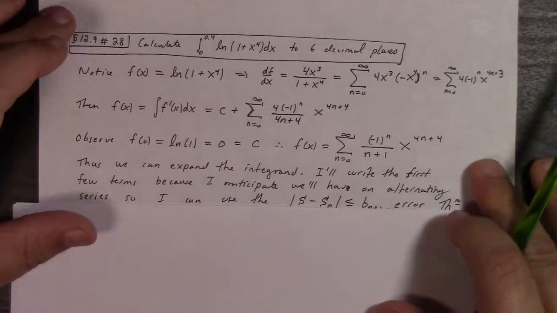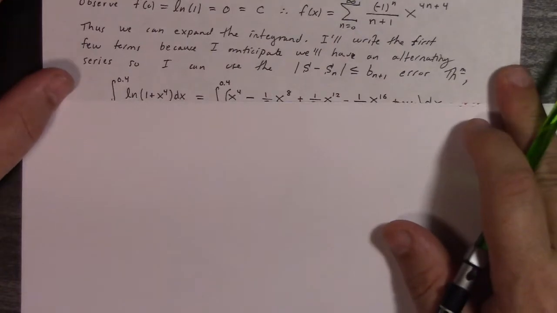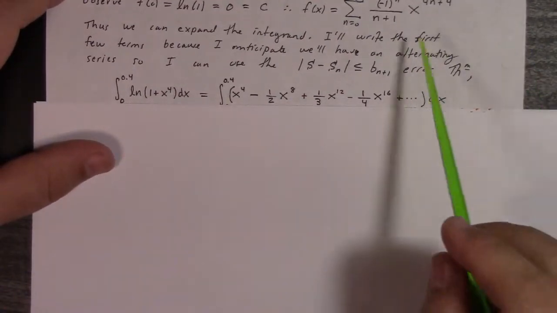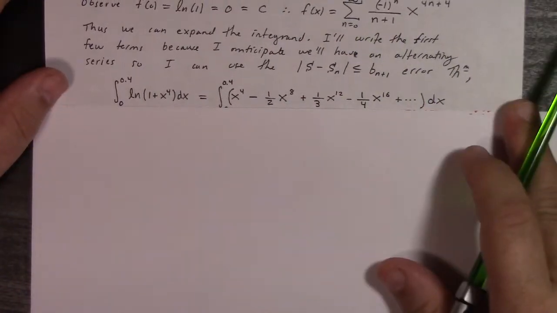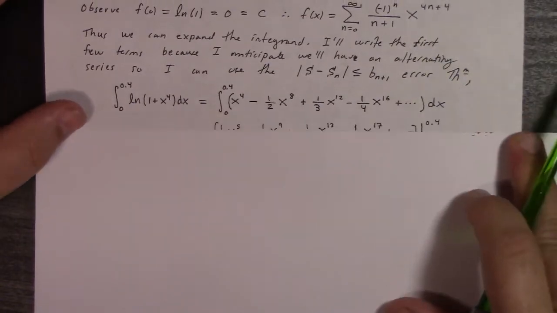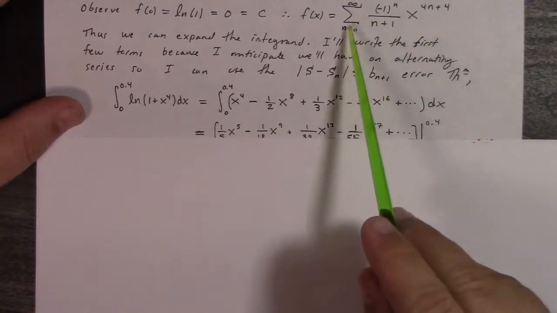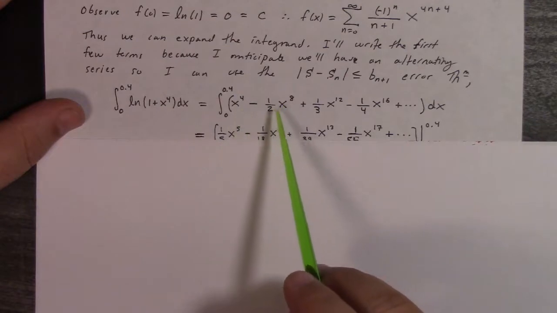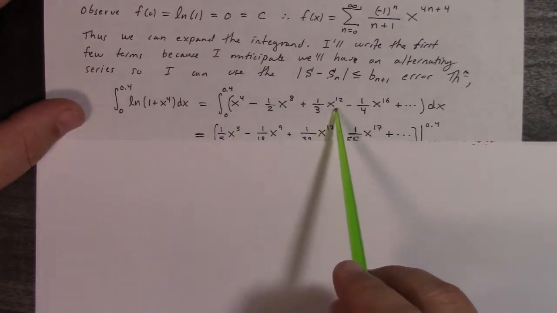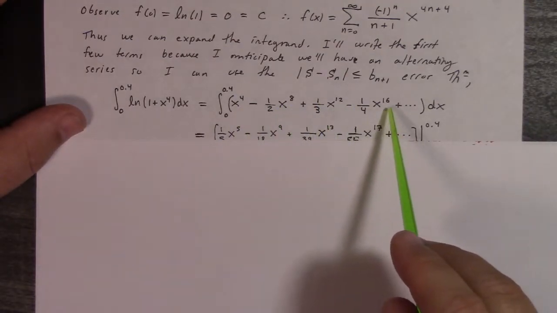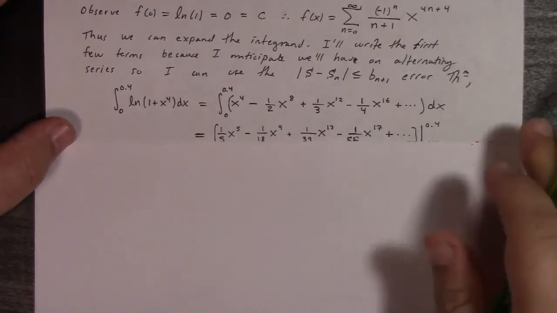And now I'm going to go ahead and, instead of writing the full series for the integrand, write it out term by term. So the first few terms in this are x to the 4th minus 1/2 x to the 8th plus 1/3 x to the 12th minus 1/4 x to the 16th plus dot dot dot.